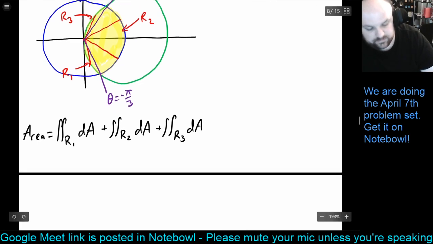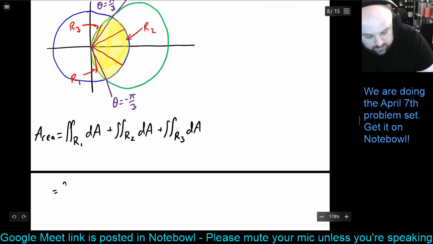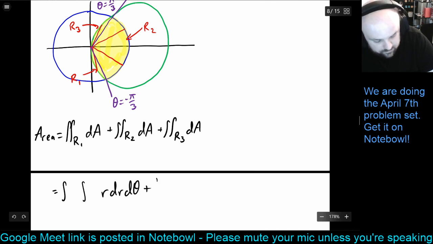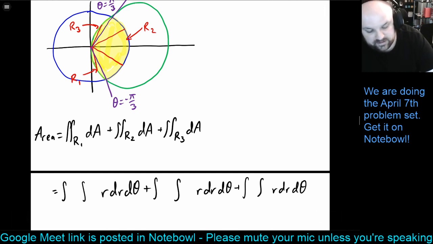So for R1, these are all going to be r dr d theta. For R1, that's this little sliver down here.